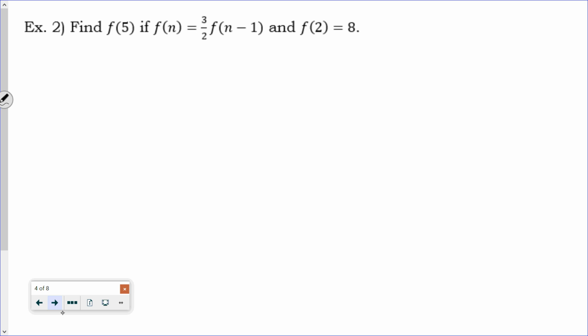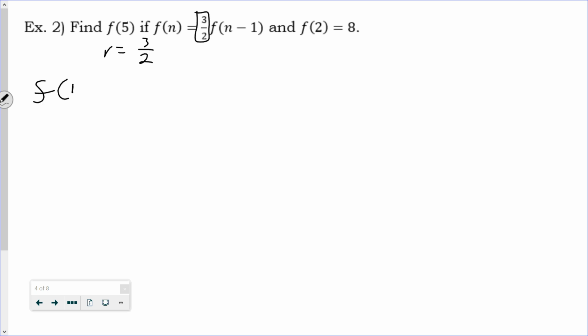So what's that r going to be? R is 3 over 2, right? So this right here is my r value, because the recursive formula is f of n equals r times the previous term right before. So r is 3 over 2. And then from here, you could make an explicit formula out of it if you wanted to.